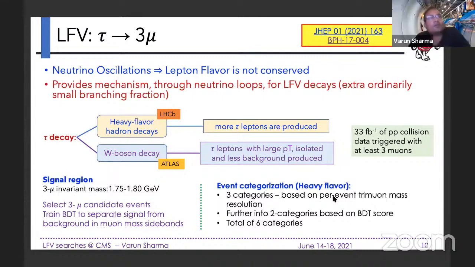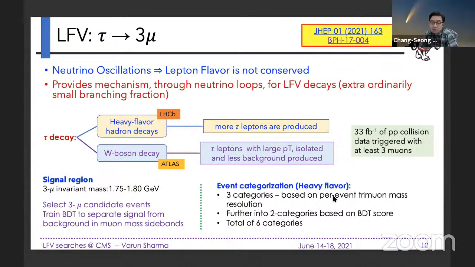I don't remember the trigger threshold, but we have a combination of triggers. There is a very low threshold trigger which requires 3 muons, but there is also a combination which just requires 2 muons with some tighter selection. So I don't remember the exact thresholds now.